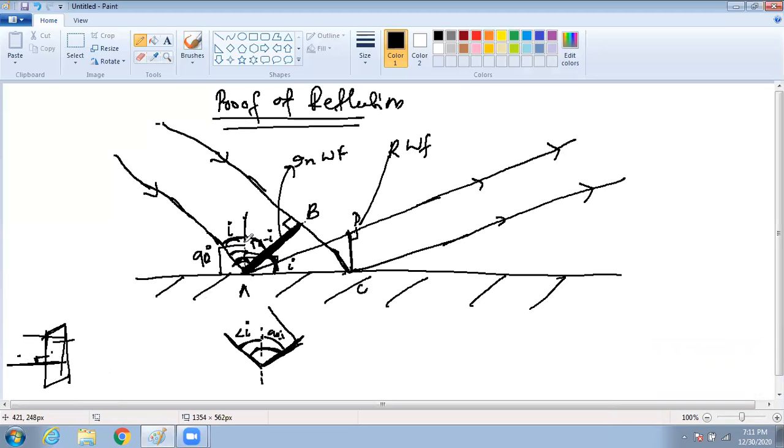The angle between the normal and the reflecting surface is again 90 degrees. This is the wavefront, and this is the reflected light. Now if this whole angle is 90 degrees and this one is 90 minus I, the remaining should be what? I, or not?